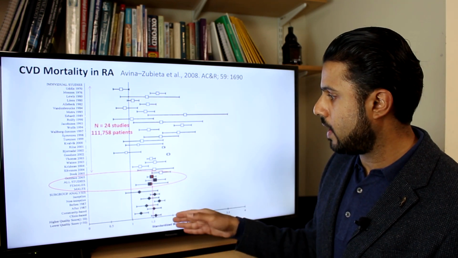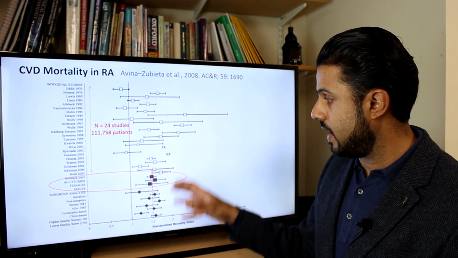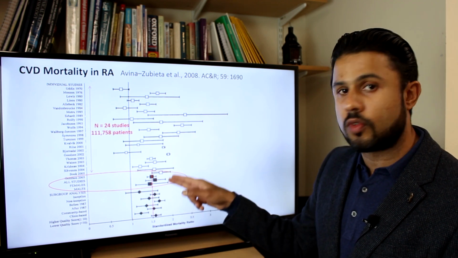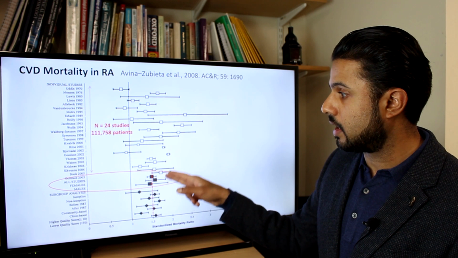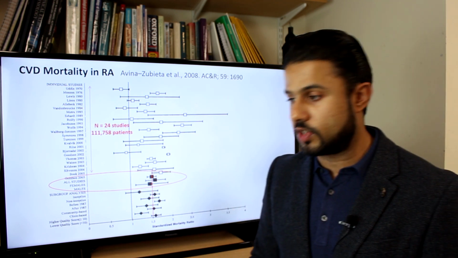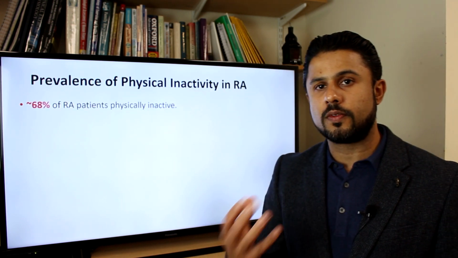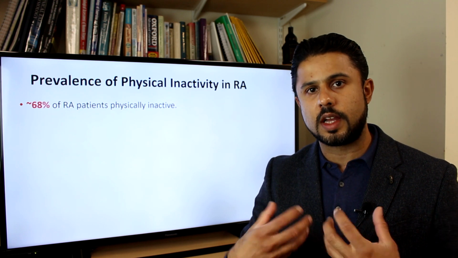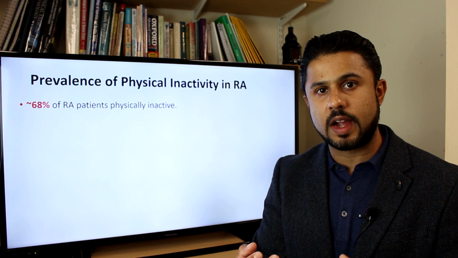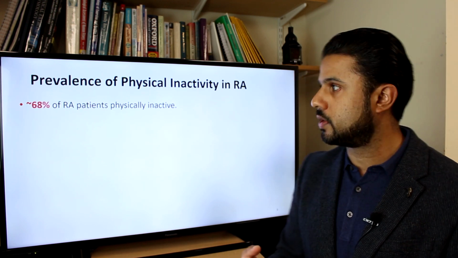So when doing this comparison for CVD events, they showed that there was a 50% greater risk of dying from a cardiac event in RA when compared to the age and sex matched general population. So this is obviously quite an important finding, because it helps us as healthcare professionals but also as patients to know about the main factors that might be causing a decline in health and poor prognosis.